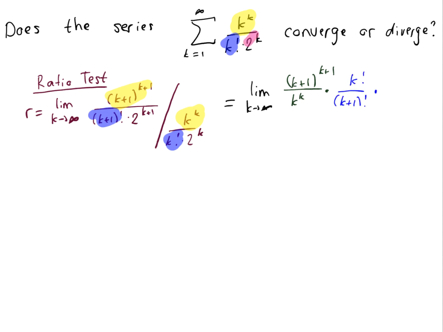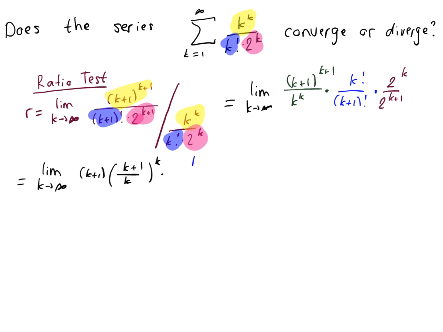And finally, 2 to the k gave me these two terms in pink. For the first term, I can factor out a k plus 1 just like I did before, and now both the numerator and the denominator are being raised to the power k. For the second bit, my denominator can be written as k plus 1 times all the numbers less than k plus 1, that's k factorial.